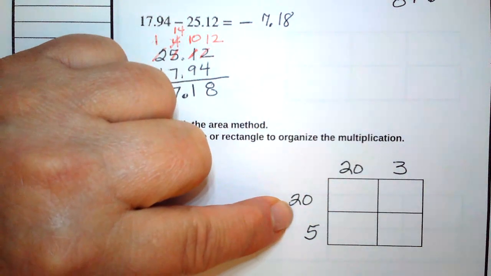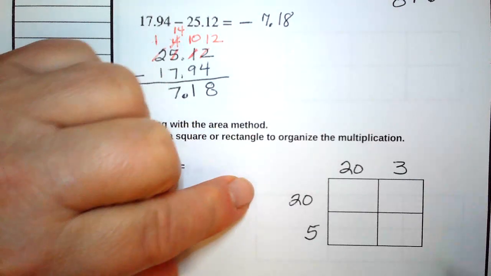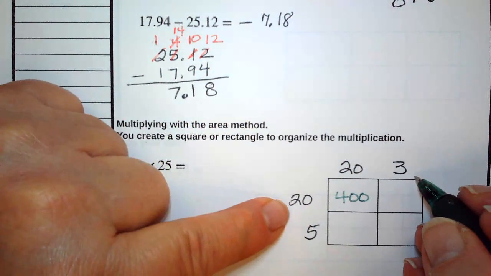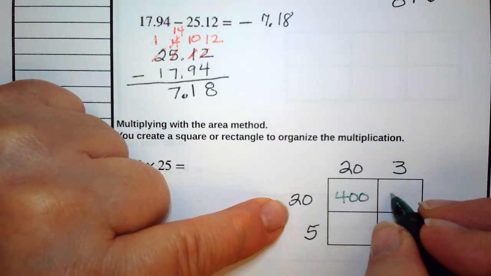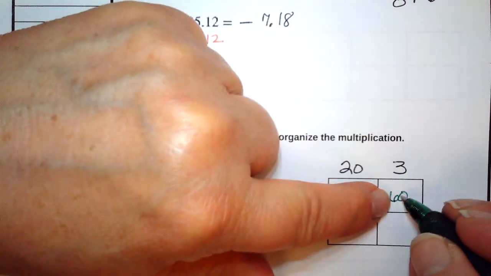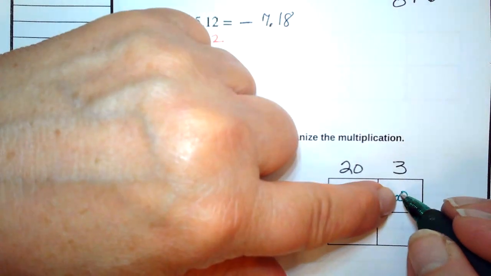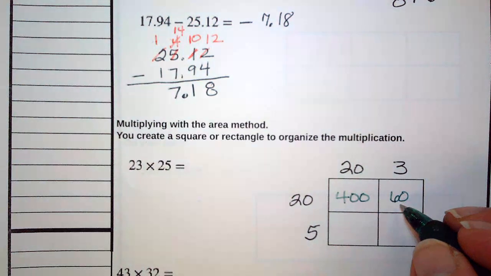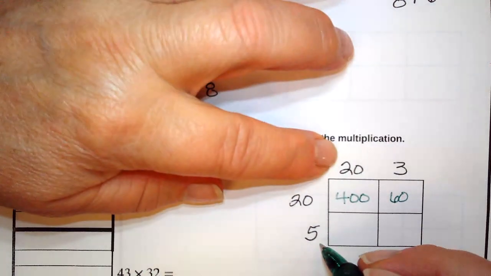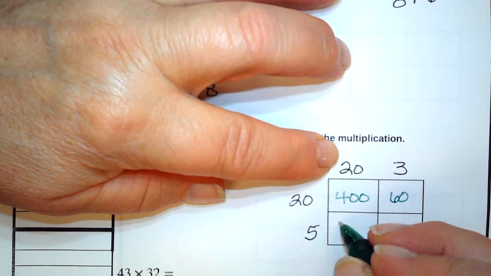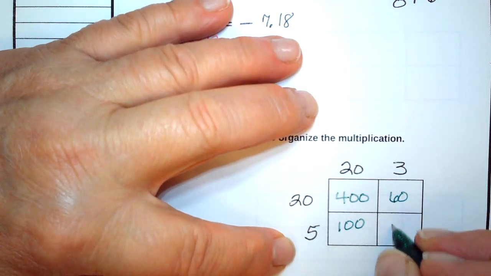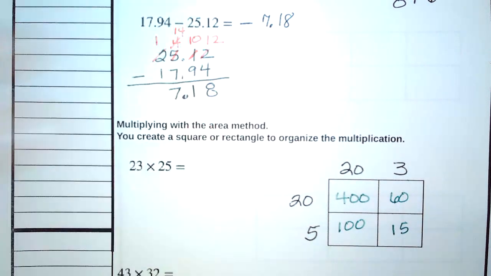So 20 times 20 gives me 400. 20 times 3 gives me 60. If you notice, if I went perfectly horizontal and perfectly vertical, this box is where those two numbers would intersect. 20 times 5 is 100. 5 times 3 is 15.